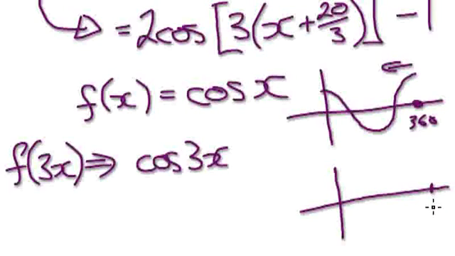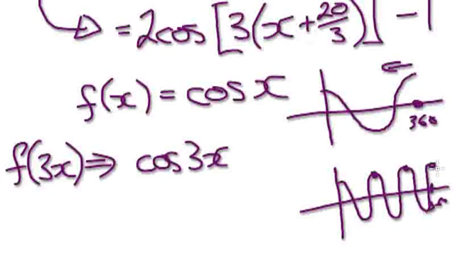Let's say this is 360 here. We're going to have three cycles within that 360. 1. Okay. 2, and then 3. That's what it means to apply this transformation here.